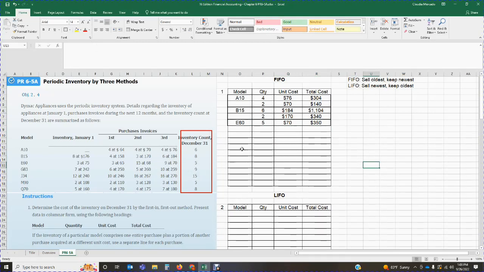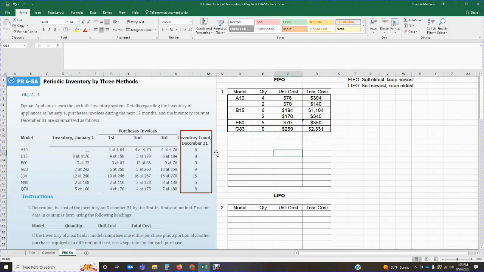For G83, we have 9 units remaining. So we're always going to keep our newest. I had purchased on my third transaction 10 at $259. I have 9 remaining, so I'm going to have 9 units at $259. That's going to give me 2,331.